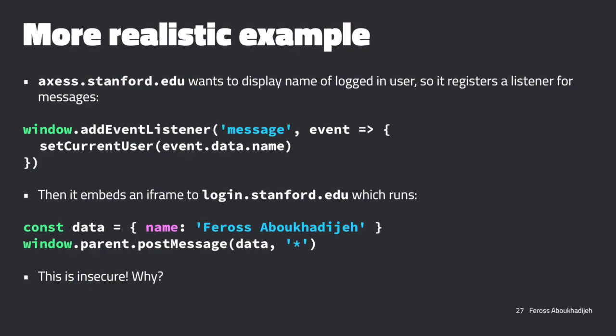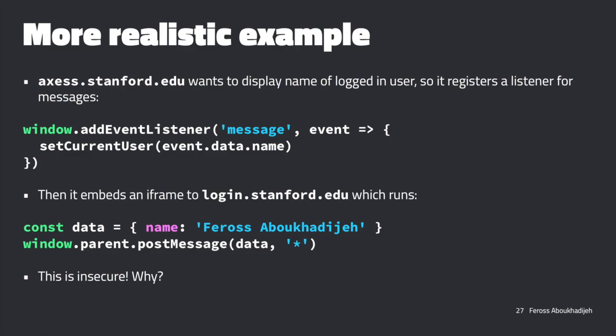One way you could mess with this would be if, let's say, attacker.stanford.edu were to embed login.stanford.edu. Now, login.stanford.edu isn't checking anything about the parent, so it's just going to post a message to the page that included that frame and tell it the name of the currently logged in user.